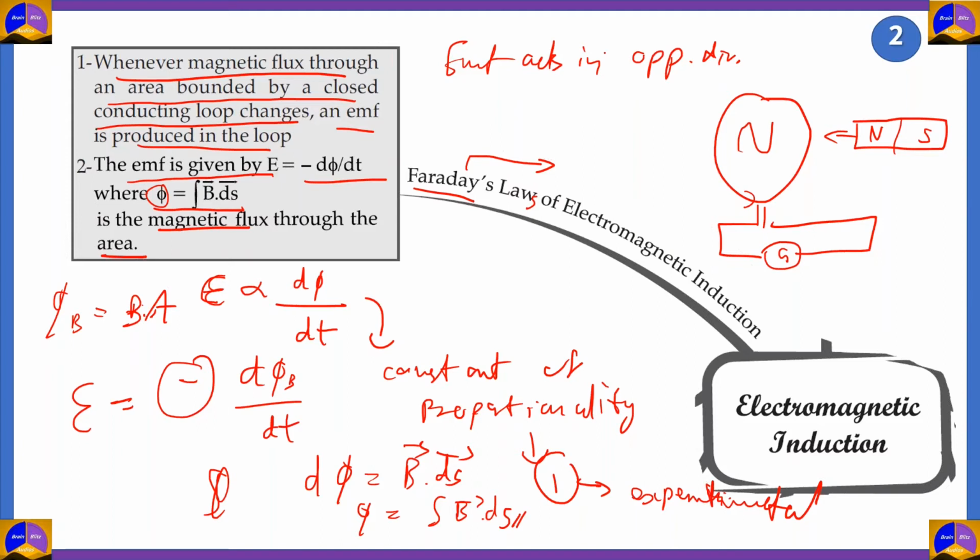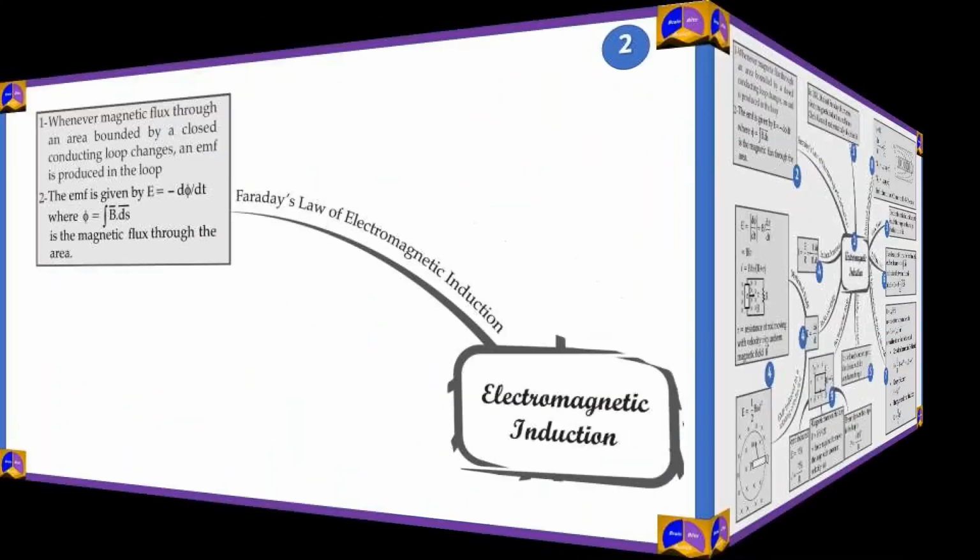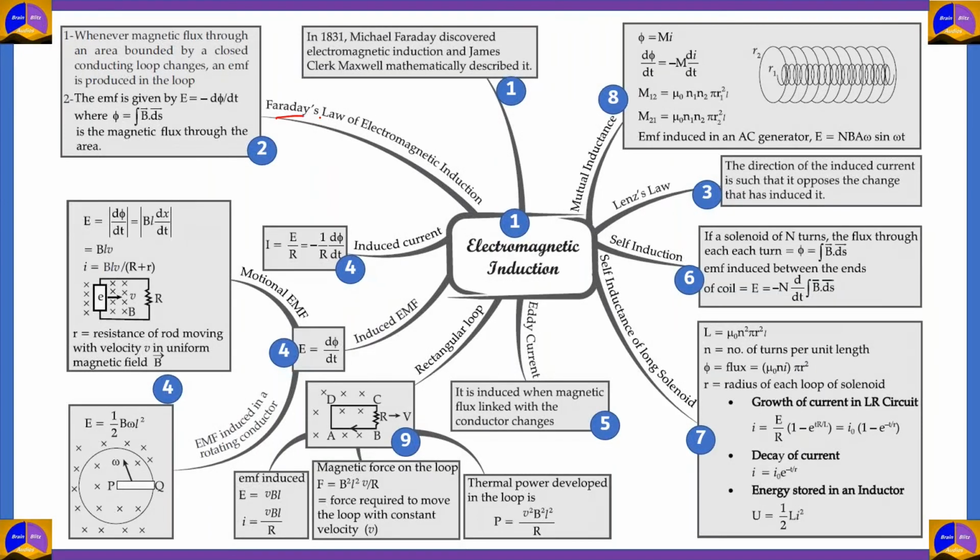However, EMF acts in the opposite direction, so therefore E is equal to minus d phi by dt. And once again, the value of magnetic flux is the integration of B dot ds, because the change in magnetic flux is d phi, and that is equal to B dot change in area ds. So that completes Faraday's law of electromagnetic induction.